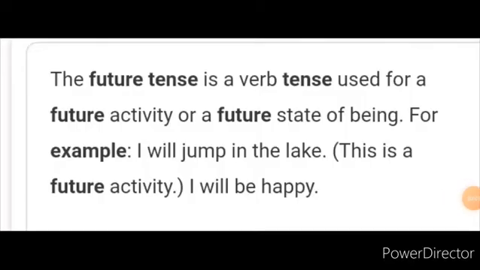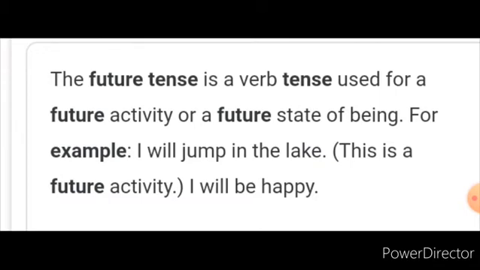Now look at the definition for future tense. Future tense is a verb tense used for a future activity or a future state of being. Listen, children, this future tense is a verb tense. It is used for which activity? Future activity, or you can say future state of being.